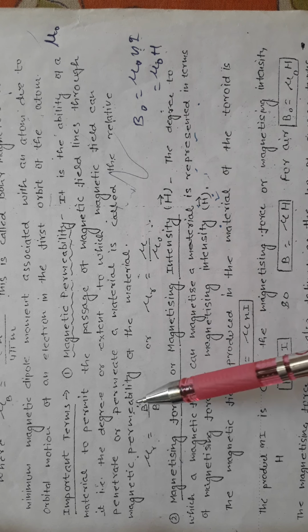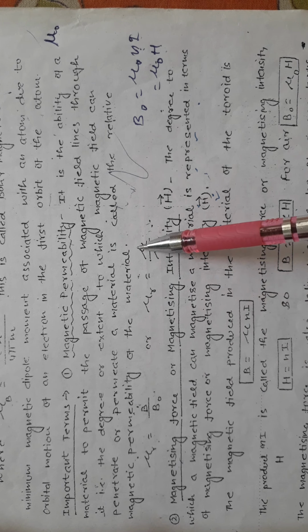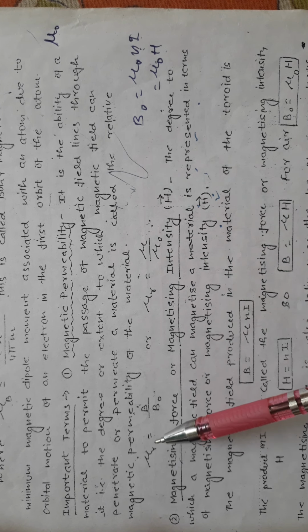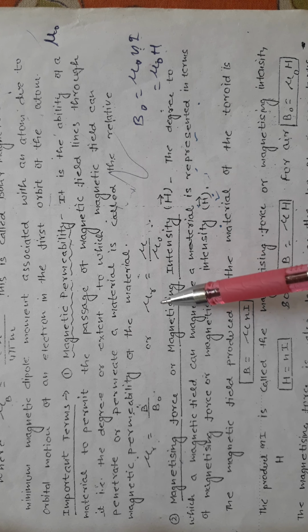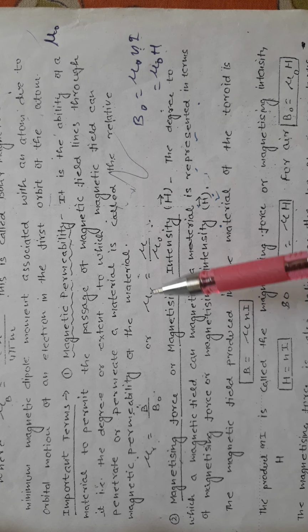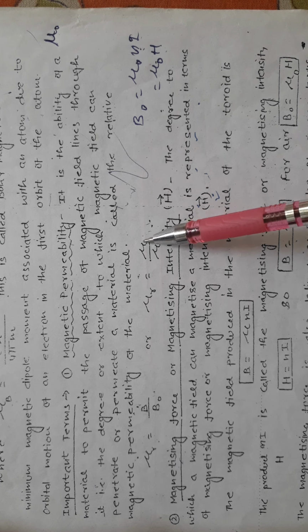It is called the relative magnetic permeability of the material. So mu r is equal to B upon B naught, and mu r is equal to mu upon mu naught. We already did this in the previous chapter. Relative magnetic permeability is the ratio of the absolute permeability of the medium to that of air.